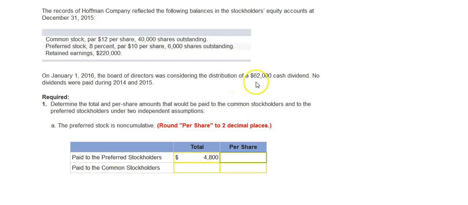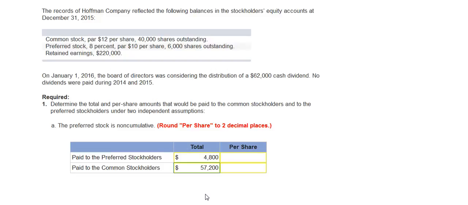The common stockholders would get whatever's left. So $62,000 minus $4,800 gives us $57,200 paid to the common stockholders. With the non-cumulative or just current dividend preference, the preferred stockholders get just the current year's dividend and the common get whatever's left.